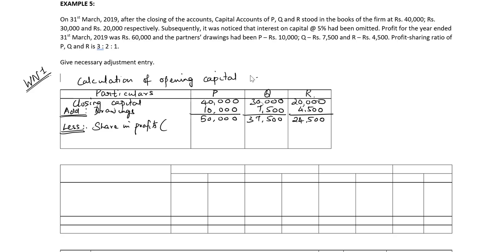The profit sharing ratio is 3:2:1 and the profit was rupees 60,000 in this ratio. So 30,000 to be deducted for P, 20,000 for Q and 10,000 for R.